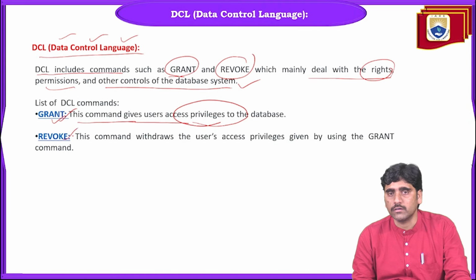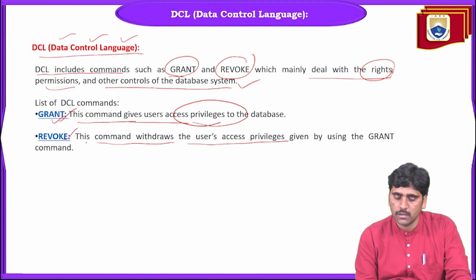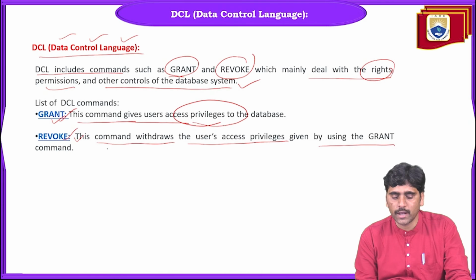And similarly revoke. This command withdraws the user's access privileges. After applying the permissions to the user, if you want to roll back the permissions, you can apply revoke to get back the access privileges given to the user using the grant command.